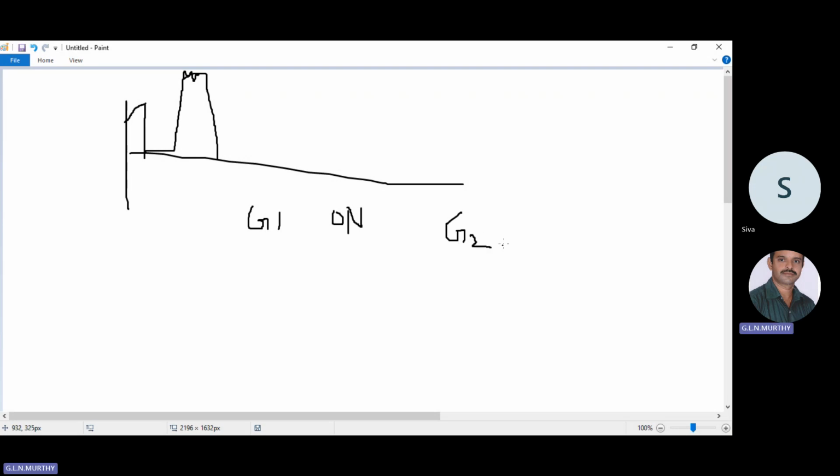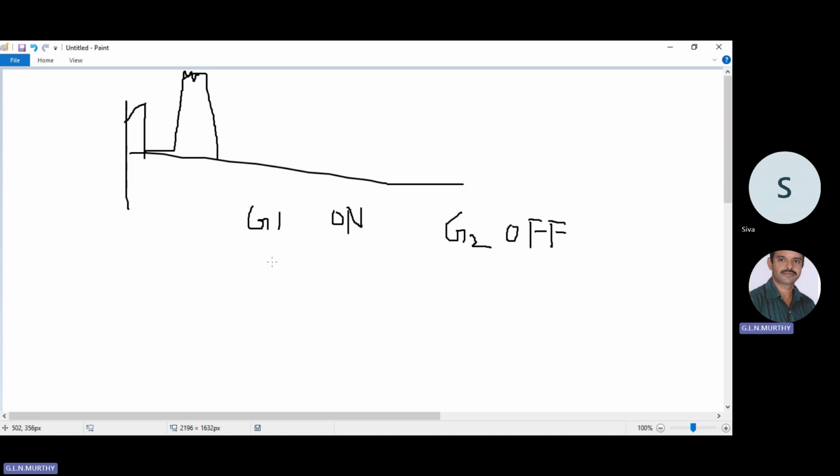It means switch 1 is on, switch 2 is off. The output is going to follow the input for a given duration. G1 is the gate of the sampling switch, so G1 is given some excitation, the switch is closed, and the output follows. G2 is off, the switch is open.